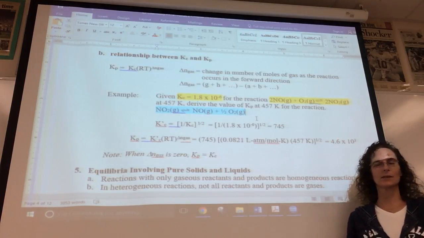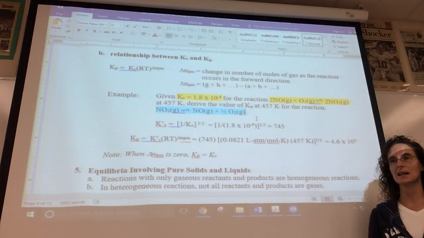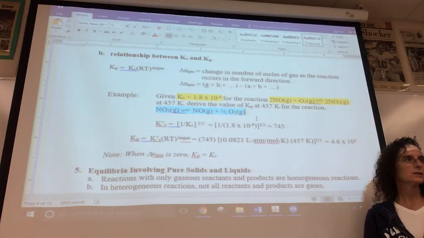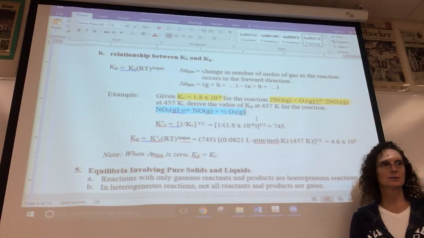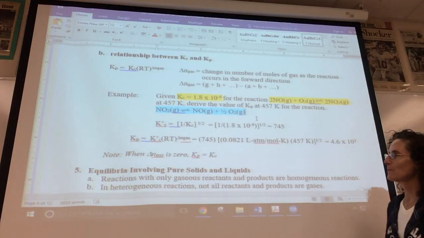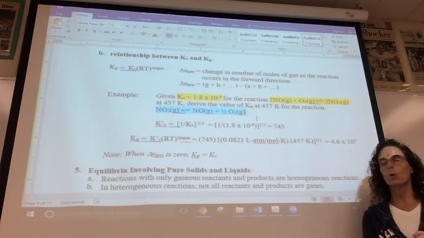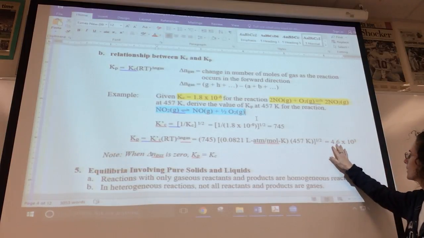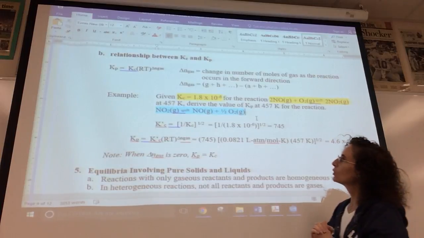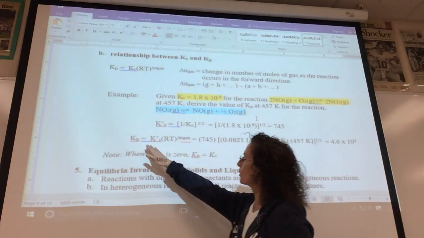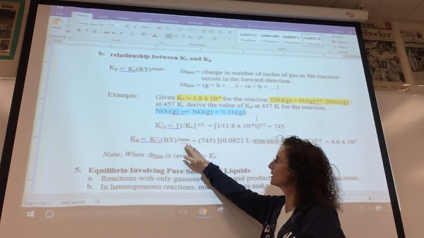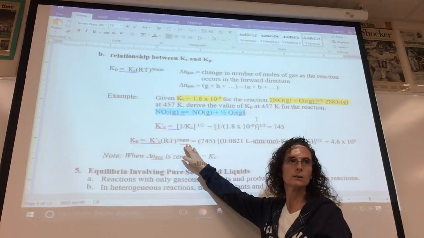Almost everything's products minus reactants except bond energy, which is reactants minus products, which is the other way, which some of you got confused on the quiz. Okay, now, one other key point to make. Looking at the formula shown here, anything to the first power is the thing.